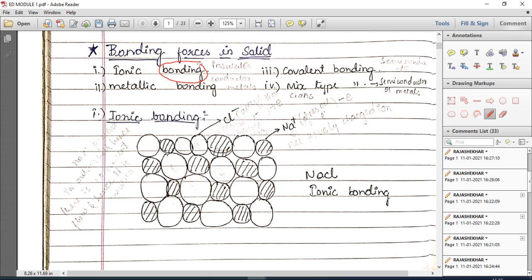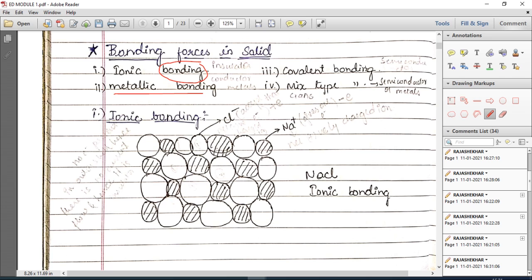For example, if the material belongs to ionic bonding, then we can say it belongs to an insulator. If the material belongs to metallic bonding, then that material belongs to a conductor.